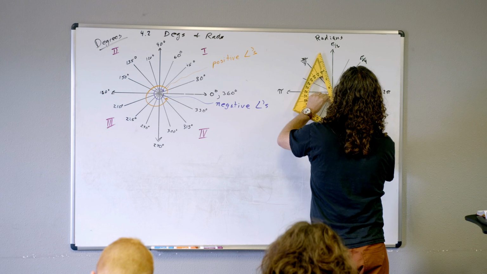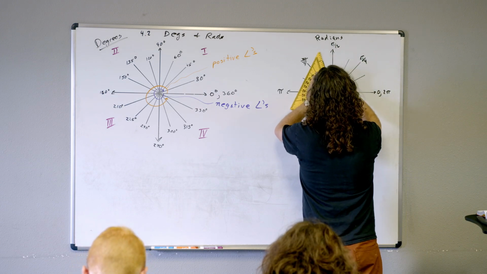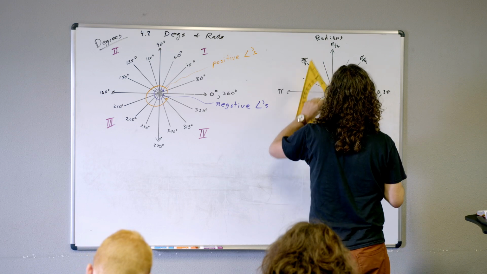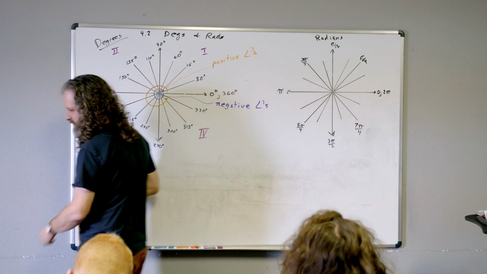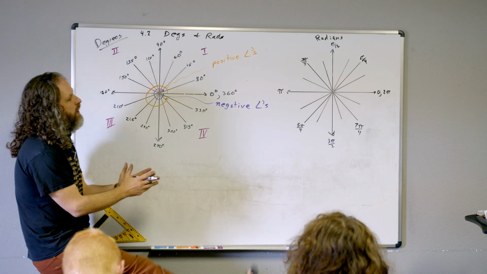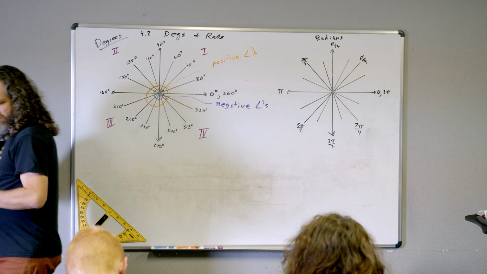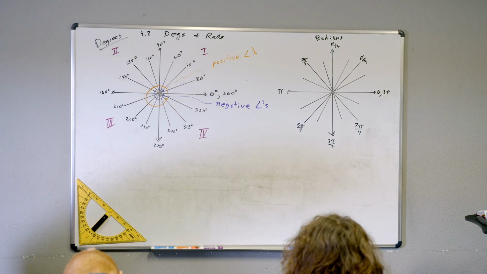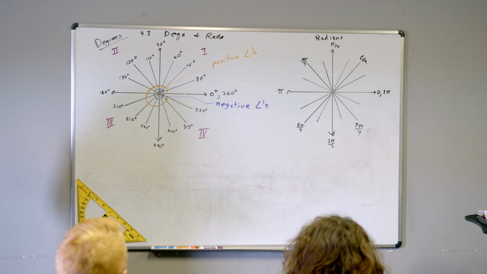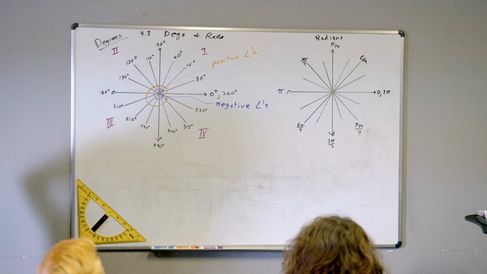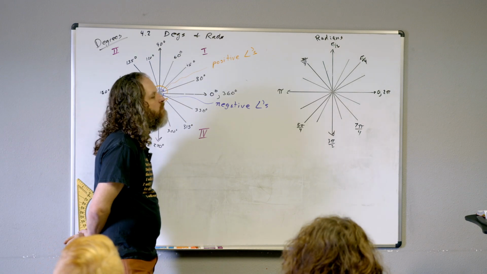Okay, so let's think through what these would be. How does 30 degrees relate to 180 degrees? You have to multiply it by 6 to get 180.